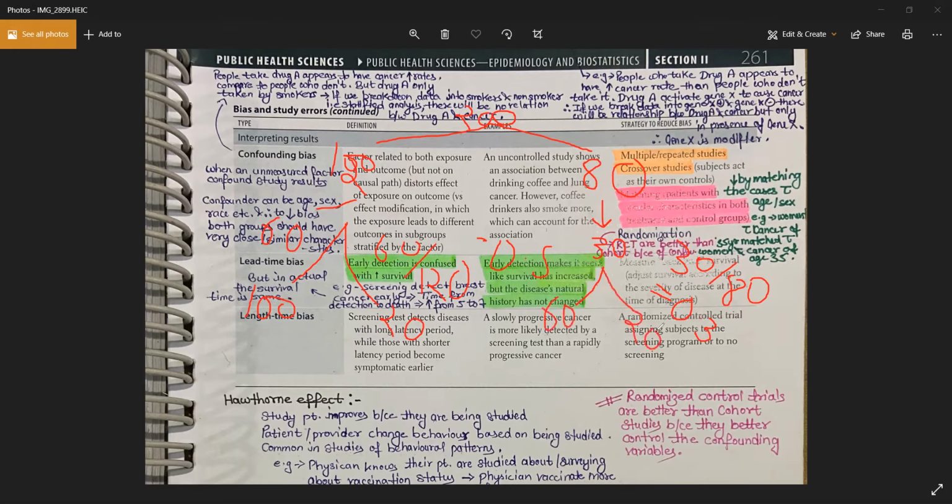Okay, and out of these 100 individuals, let's say 50 got the cancer, and out of these 20 individuals, only 10 got the cancer.